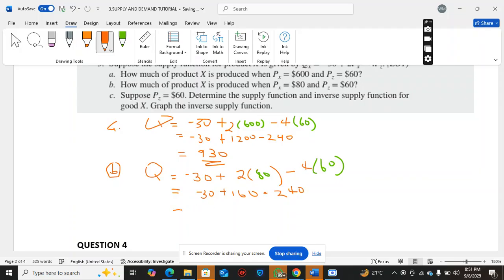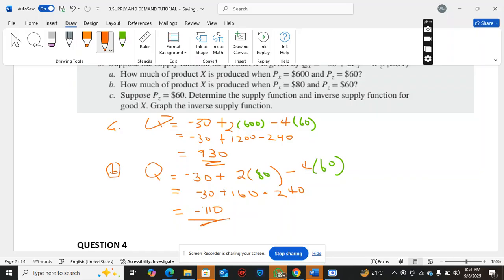Okay, so negative 30 plus 160, that is 130. 130 minus 240, that's negative 110. Yes, negative 110.